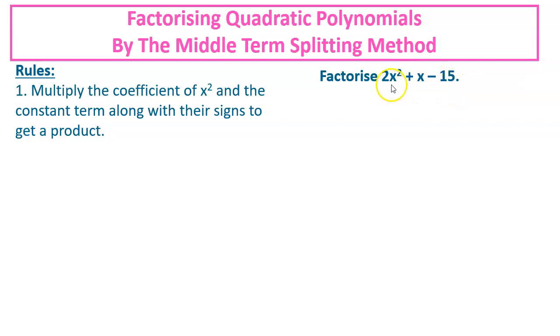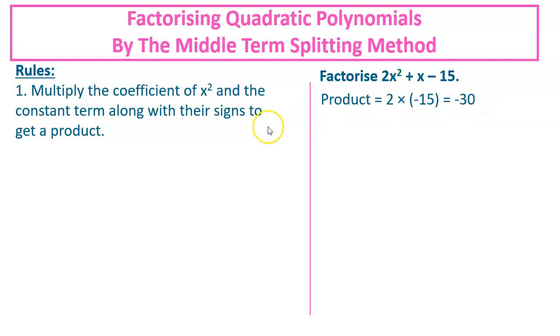Now it is not equal to 1, so we are doing 2 times negative 15. Whatever is the coefficient of x squared, according to me, these are not two separate methods. They are the same method. Always you multiply the coefficient of x squared to the constant term to get the product along with the signs. So the product will be equal to 2 times negative 15, which is equal to negative 30.